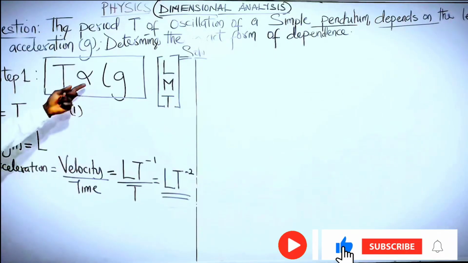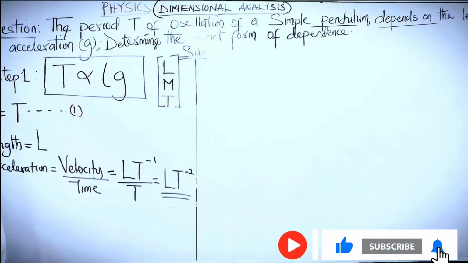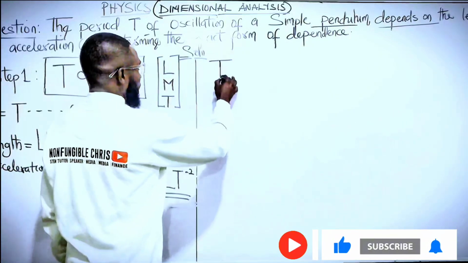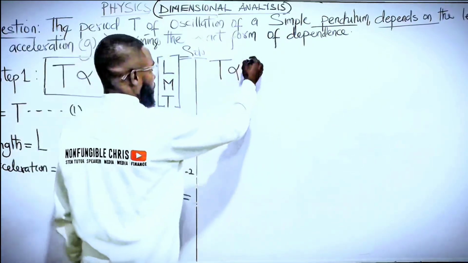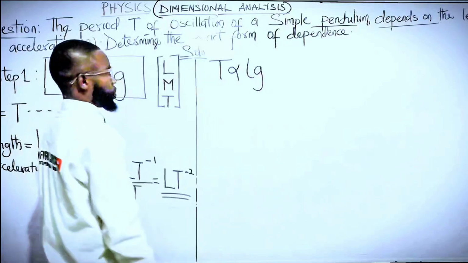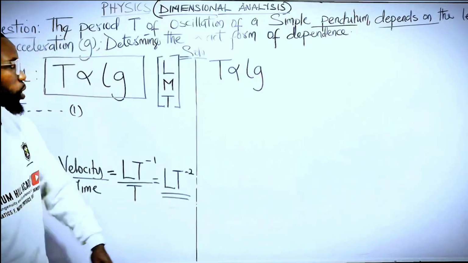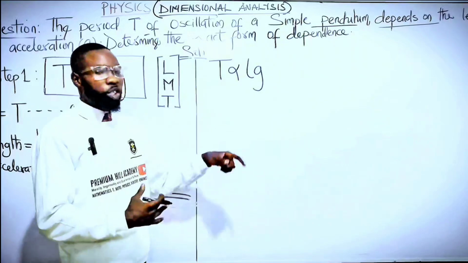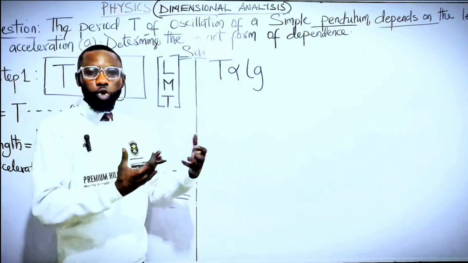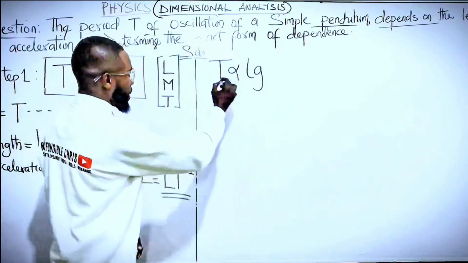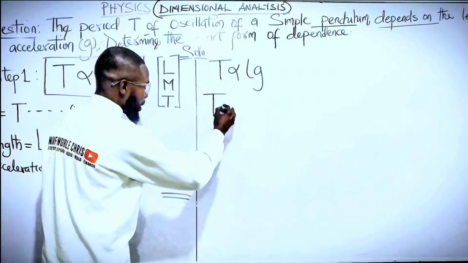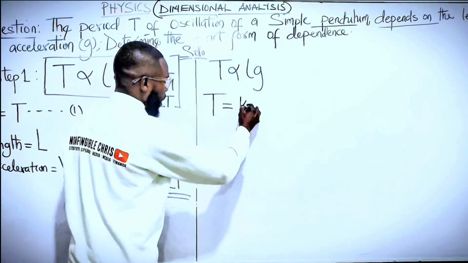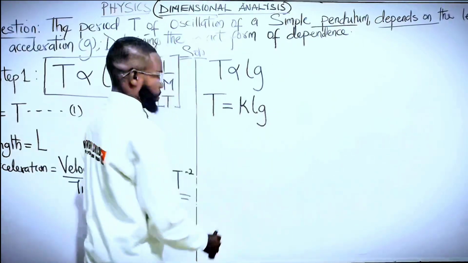Step number 2, we go back to the parameters we're having. It says the period depends on the length and the acceleration, right? In math, we know that this proportionality sign means we are going to change it to an equal to sign and then introduce a constant. So for this, it simply means we are going to have T is equal to KLg.